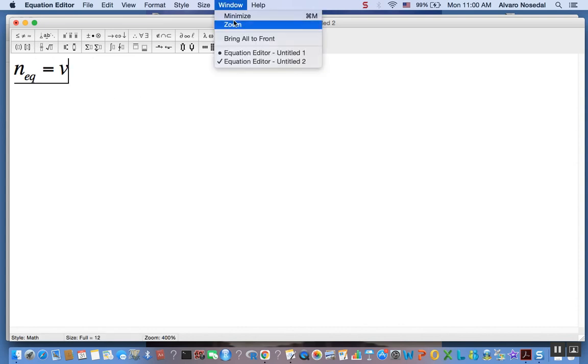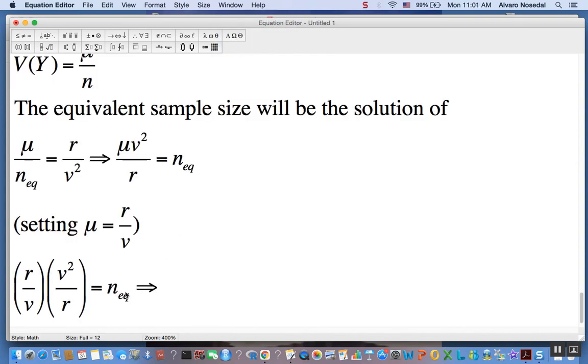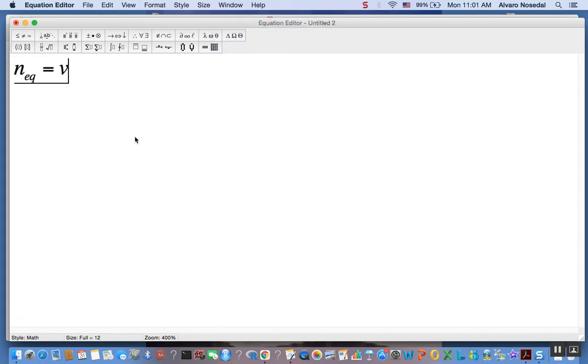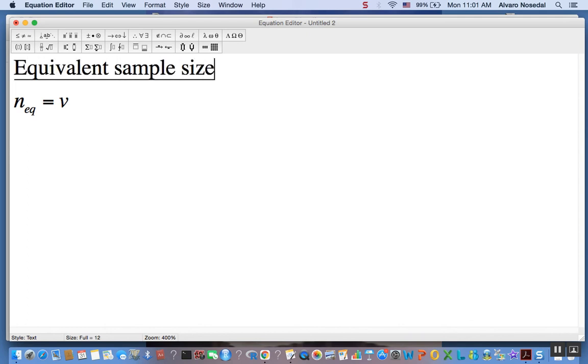And that's from what we had here, right? These cancel out. We have V squared divided by V. That's our equivalent sample size. Okay. Equivalent sample size.